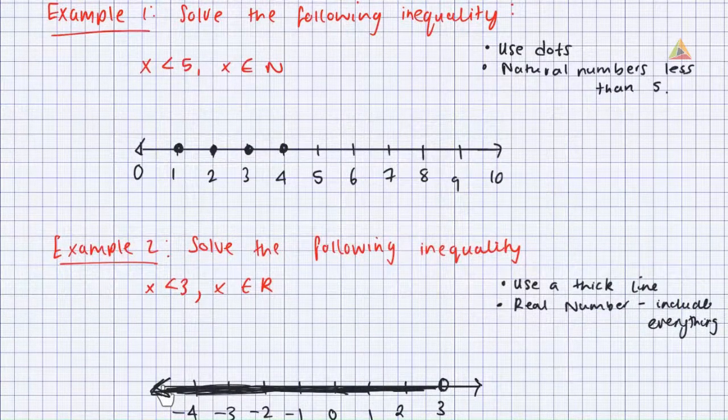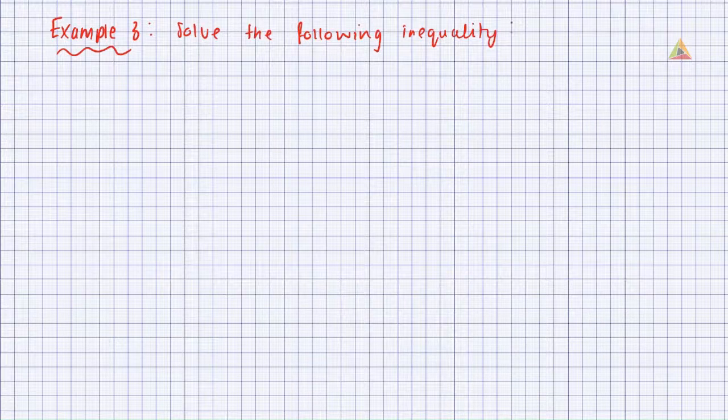I'm going to do an example of an integer now, for example 3. And again, it's going to be phrased the same way. So solve the following inequality. Okay, so this time it's going to be x is greater than or equal to 2, x is an element of Z. Okay, so for this one, let's word out what we're told.